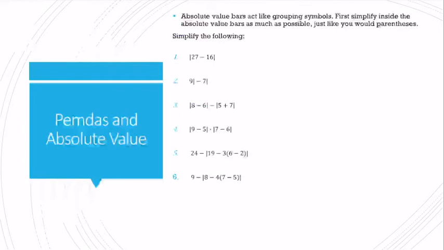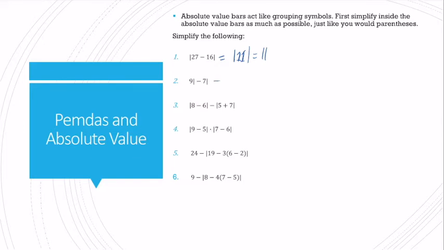Friendly reminder that absolute values act like grouping symbols. You want to simplify inside the absolute value first before working outward. So the absolute value of 27 minus 16, that's the absolute value of 11, which is 11. If I have 9, the absolute value of negative 7, the absolute value of negative 7 is 7.